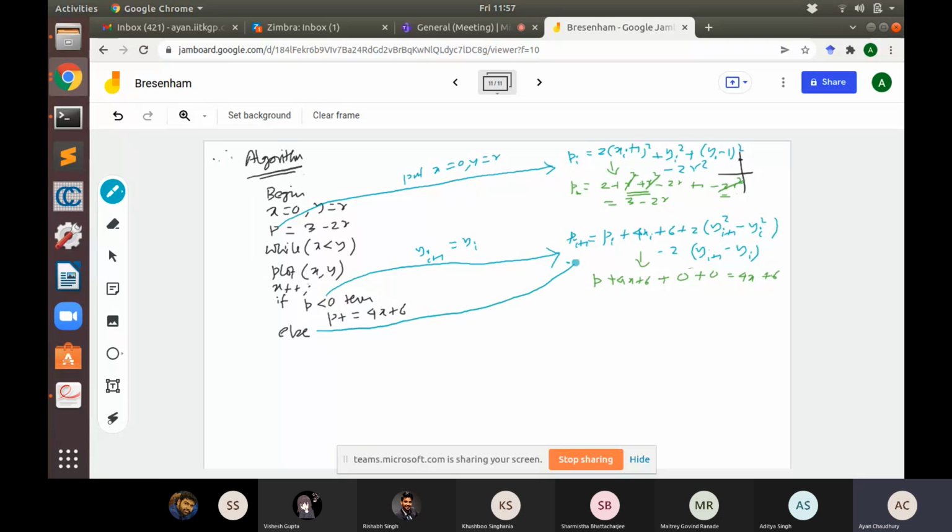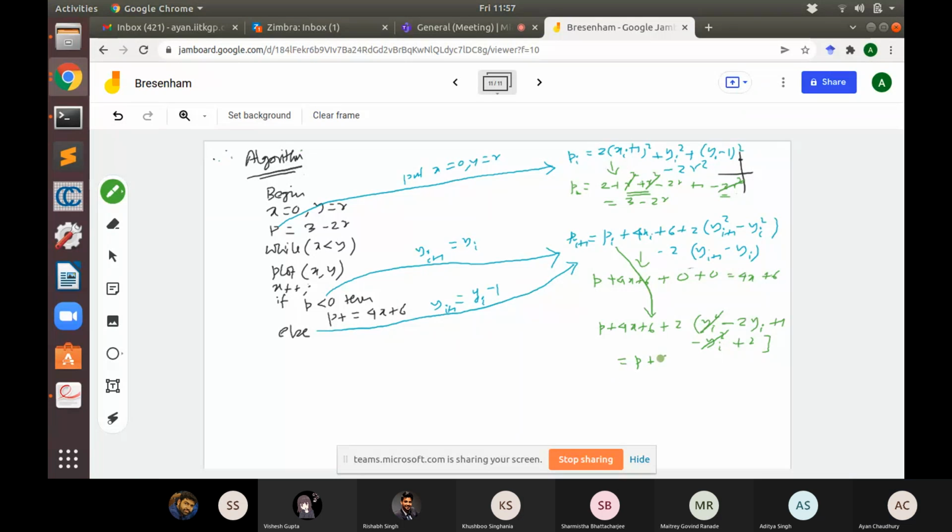And else, that means we consider the other y, that means yi plus 1 is equal to yi minus 1 in the same equation, and for that case, how will it look? That means p plus 4x plus 6 plus 2 multiplied by yi square minus 2yi plus 1 minus yi square plus 2. Okay, so these two get cancelled.